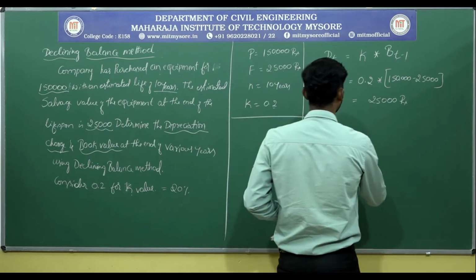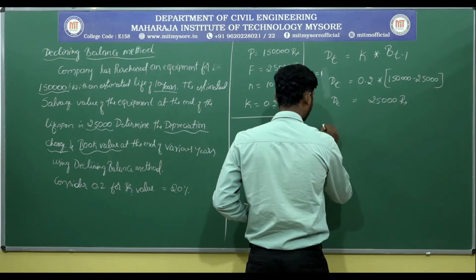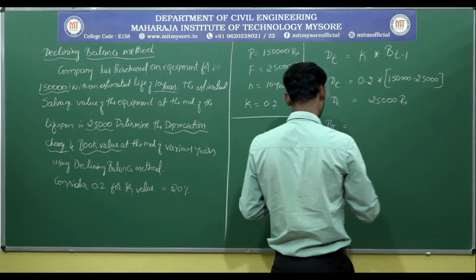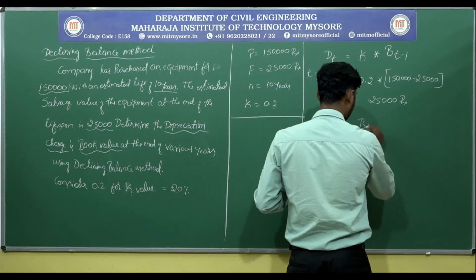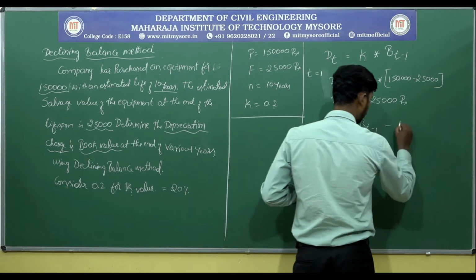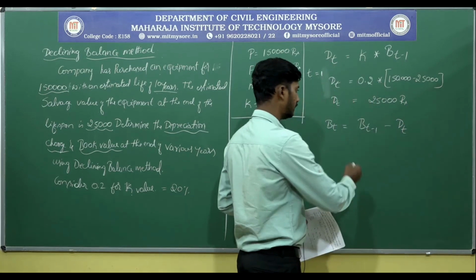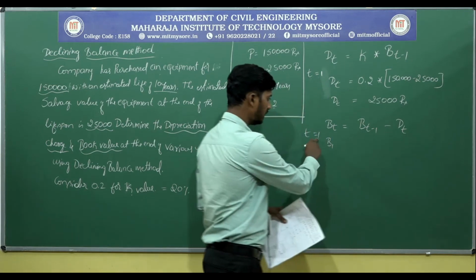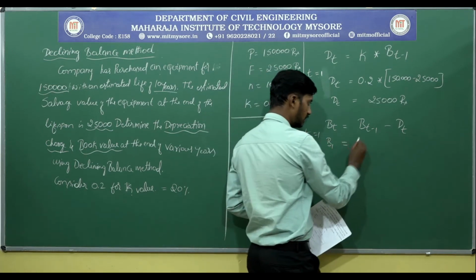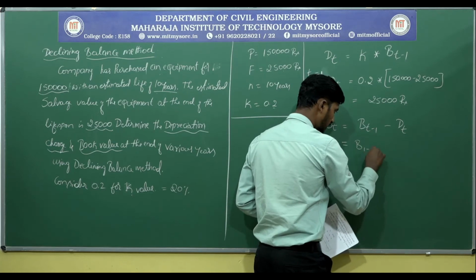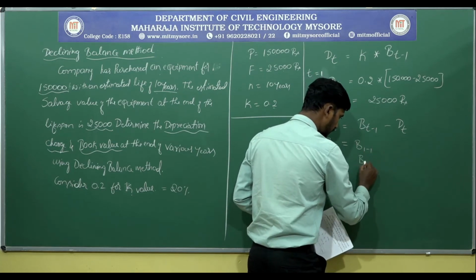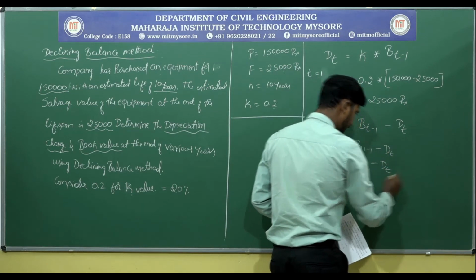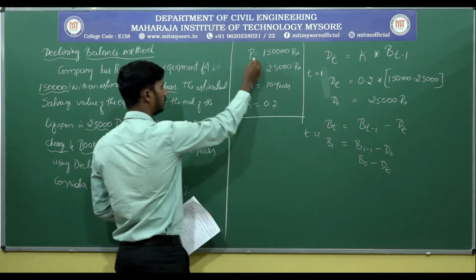Same way, let us calculate BT. What is the formula for BT? BT minus 1 minus DT. So when T equals to 1, B1 equals B1 minus 1, which is equal to B0, I can write, minus dt. What is B naught value?